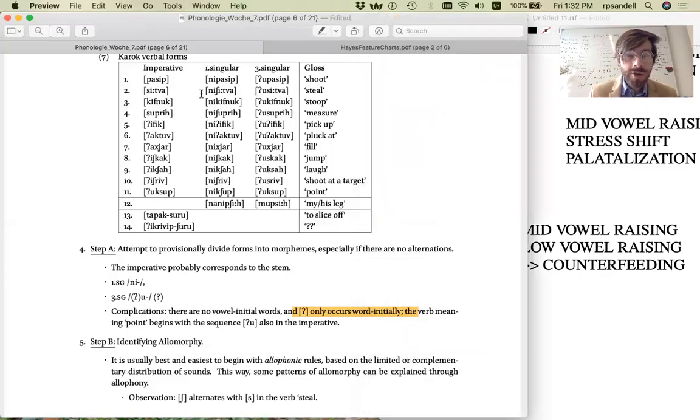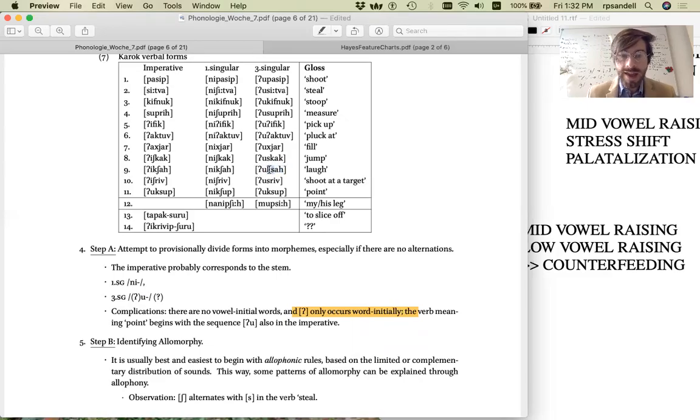And this same alternation occurs in a couple of other places in the data. Also in number 4, supri, alternating with shupri in the first singular. And in number 9, we see iksha and niksha, but in the third singular, we have uksa.